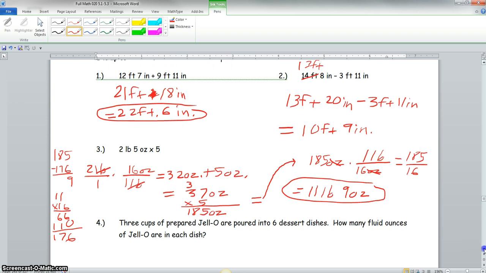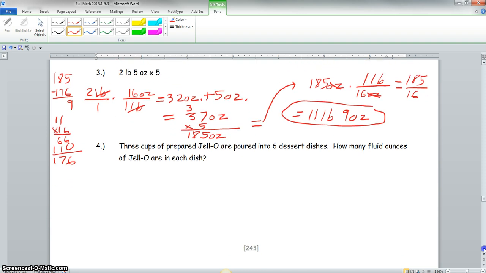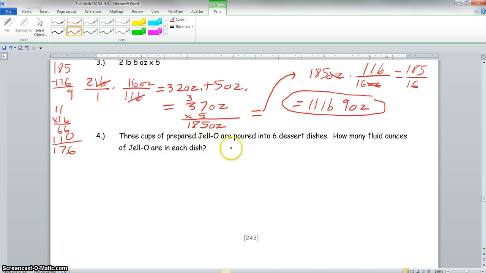Now, we go here to the last problem. It says 3 cups of prepared Jell-O are poured into 6 dessert dishes. How many fluid ounces of Jell-O are in each dish? So we have 3 cups, and we want to change that to fluid ounces, because we want our answer in fluid ounces.